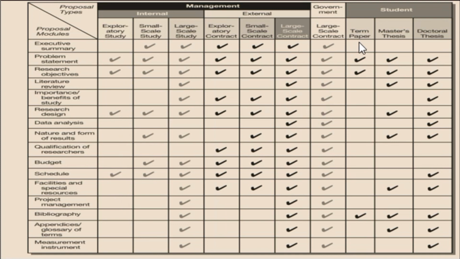A term paper that is expected from a student can have a problem statement, research objectives, and bibliography. But as you can see, for a large scale contract that is often awarded by government, such as HEC awards, research grants, and they expect a very detailed study, they are required to have all these components that we discussed a few minutes ago.